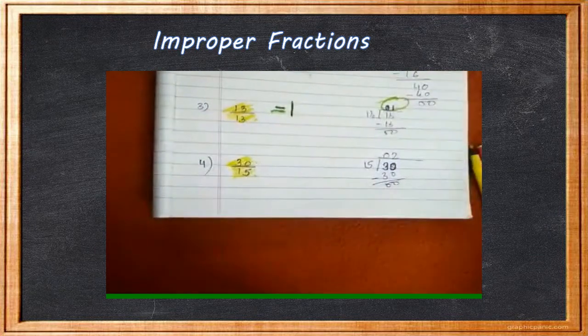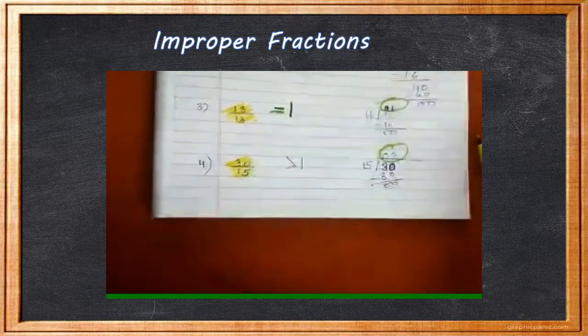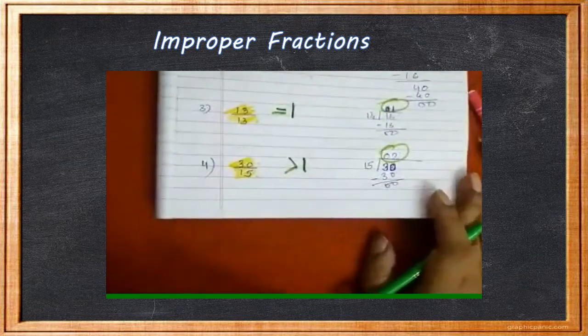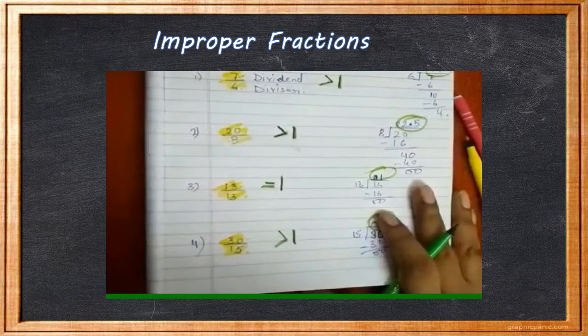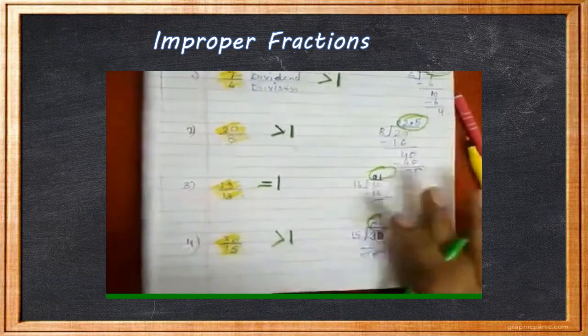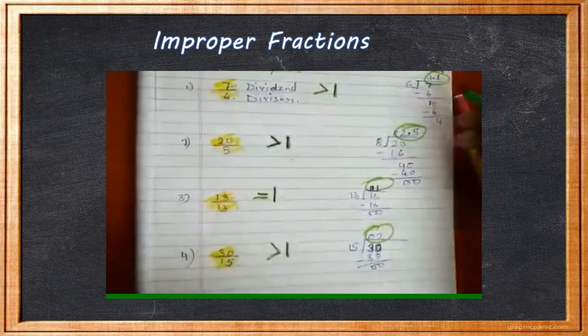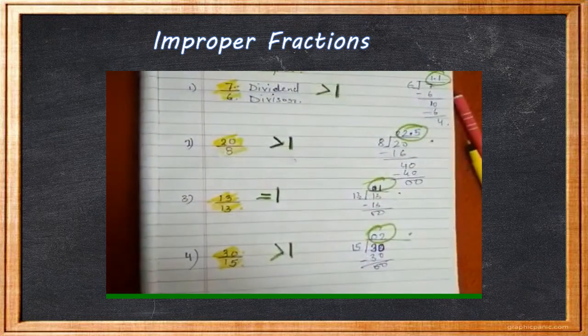Yes, children. So here you can see 2 is greater than 1. So in all 4 examples, we have seen, children, that improper fraction is either equal to 1 or greater than 1. Is it clear?